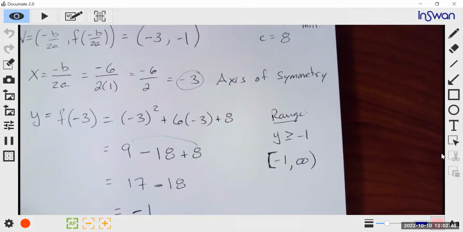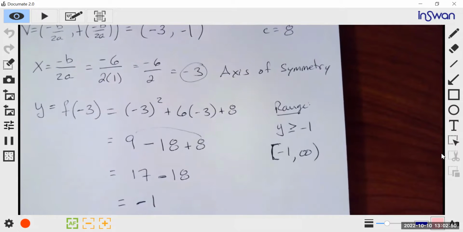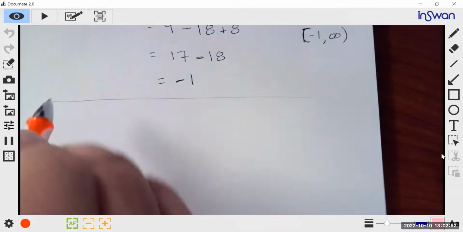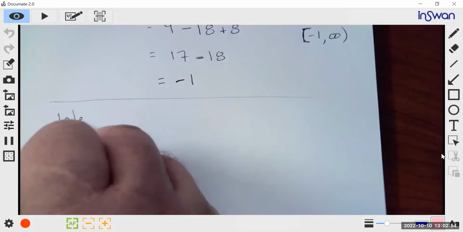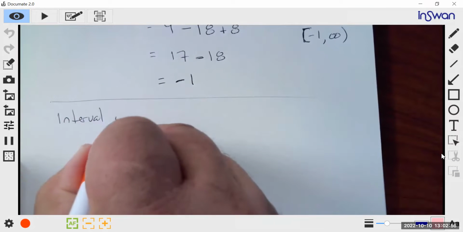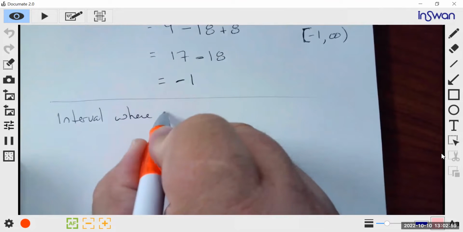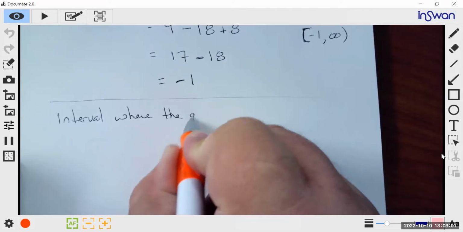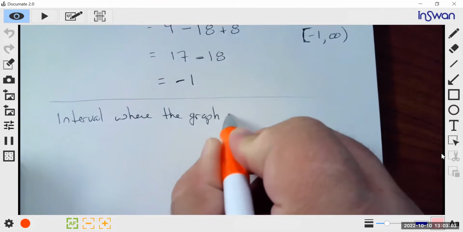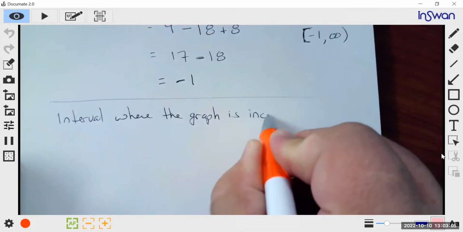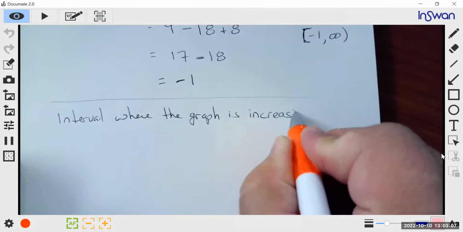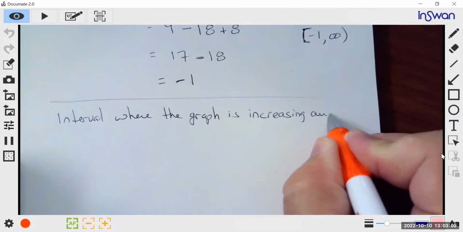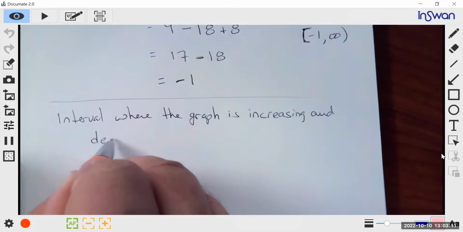So far, so good. Now, with what we have here, tell me the intervals where the graph is increasing and where it's decreasing.